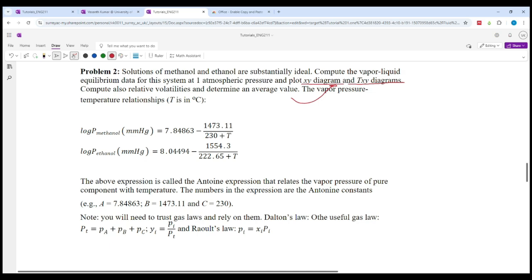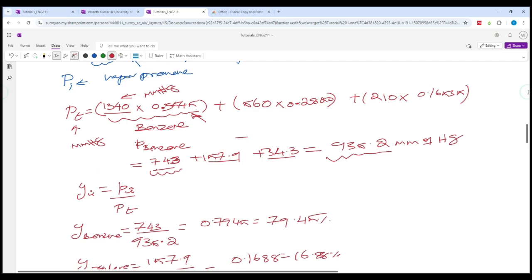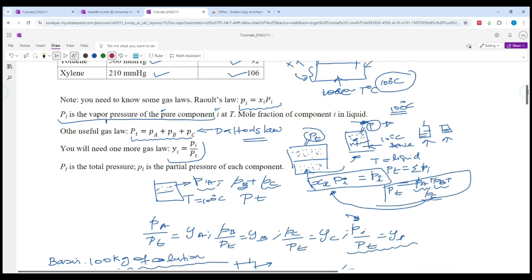And if you remember in problem one, what we learned is how to apply some of the gas laws. If you have something in the vapor phase that contains more than one component, and you know the partial pressure of each component, then we can get the total pressure from the so-called Dalton's law.